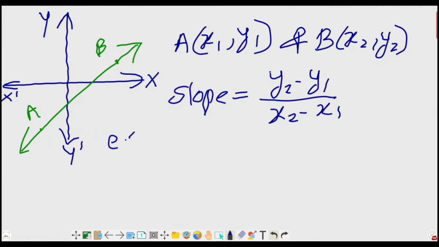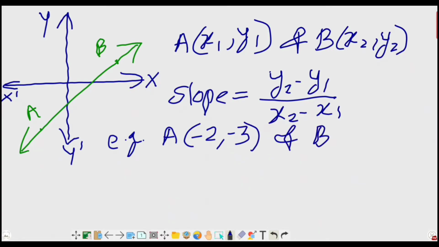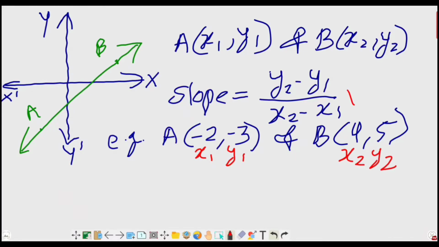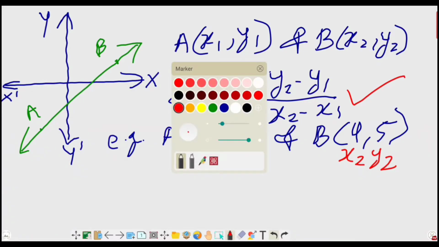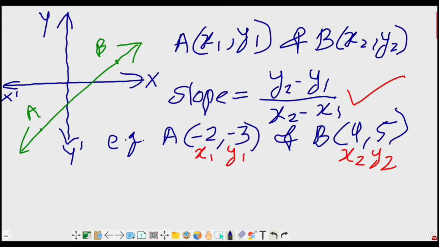For example, if my A is minus 2, minus 3 and B is 4 comma 5, I can consider this as x1, y1 and this as x2, y2.